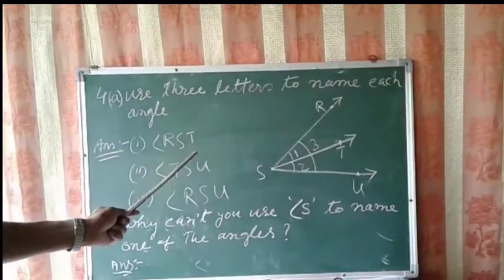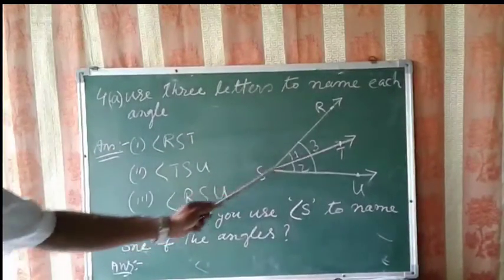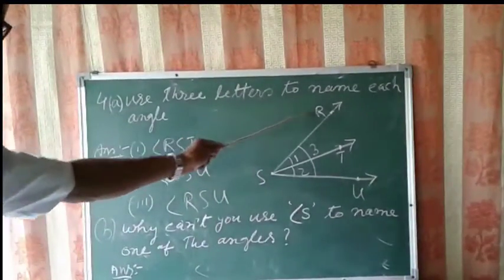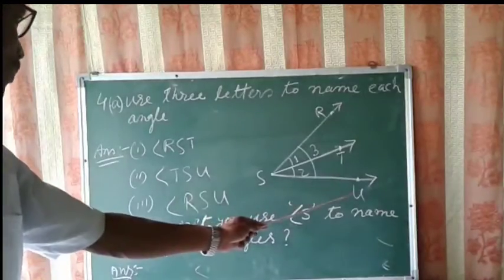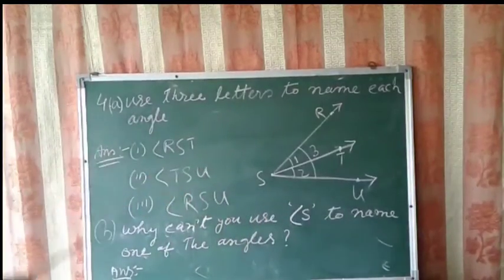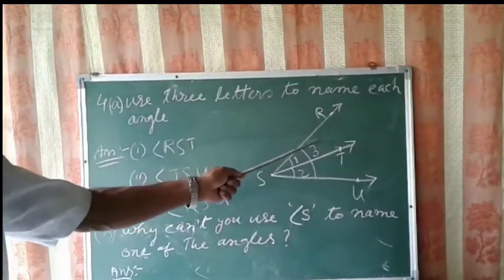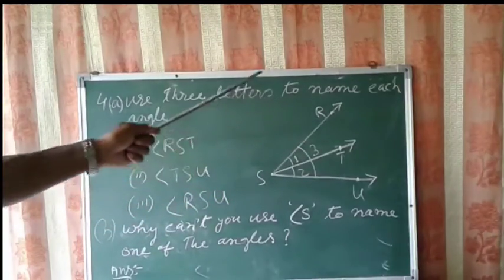This is the 3-letter method. The second angle is angle TSU, and the third angle is RSU. This is the 3-letter method of naming the angles in this figure.